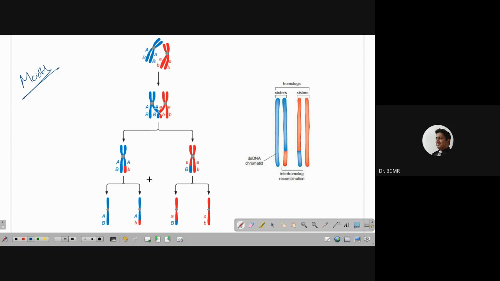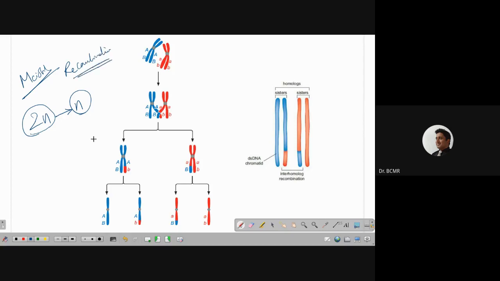In meiosis, it is a reductive cell division process in which diploid 2N cells will become haploid, or a diploid cell will give rise to haploid cells, right? And in that case, one more importance of meiosis is recombination.